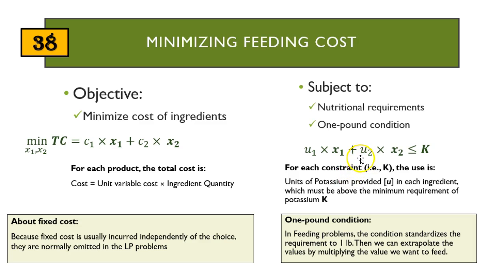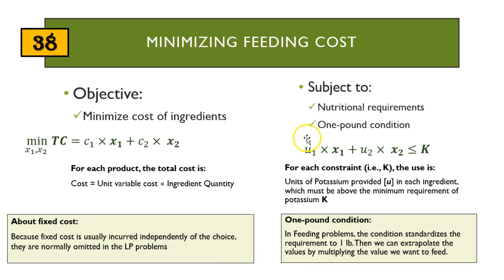In a similar manner, U2 represents the amount of potassium that the second ingredient has. And this must be less or equal than the amount of potassium that is required. In some occasions, you can also have it as greater or equal than. That depends on the specification of the requirement.